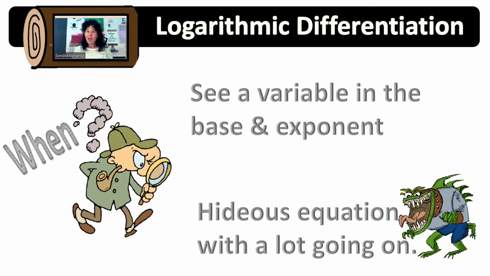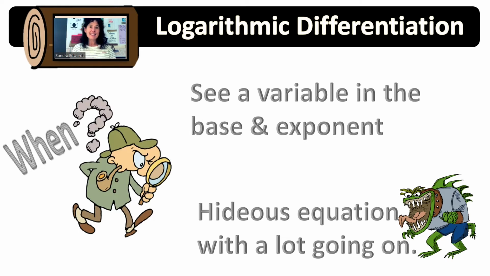But we do not know how to find the derivative when both the base has a variable and the exponent has a variable. And logarithms allow us to move the exponent and get it out of that exponent spot, which is going to solve that issue for us.